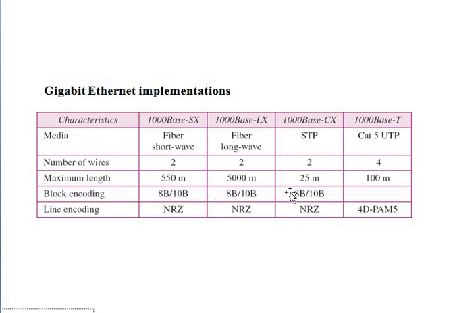Maximum length we can see in this table, along with the block encoding and line encoding we are going to use. For 3 cases we are using NRZ line encoding. For the last one, 1000BaseT, we are using 4D-PAM5 line encoding. This is the summary of the gigabit Ethernet implementation.